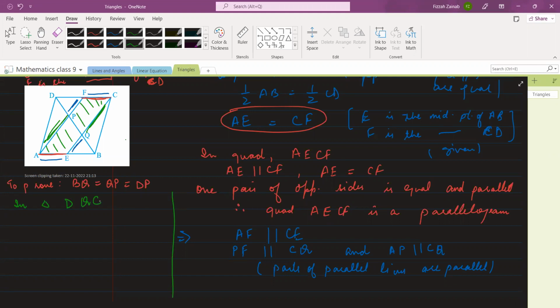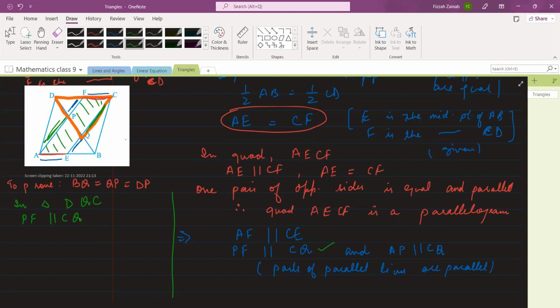DQC. This triangle I'm taking, right, Jocelyn? DQC. So the converse of the midpoint theorem I can use here because I've already shown that PF is parallel to CQ.